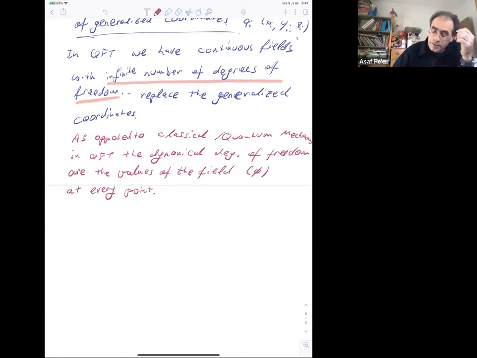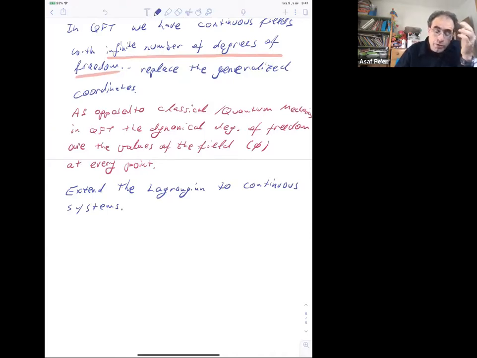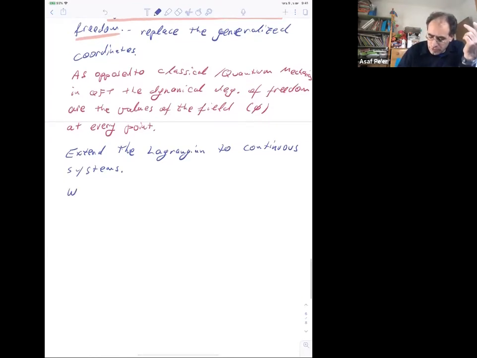So since we want to incorporate this idea inside the Lagrangian formalism, we need to extend the Lagrangian to continuous systems. The way we do it is to introduce what's called the Lagrangian density.